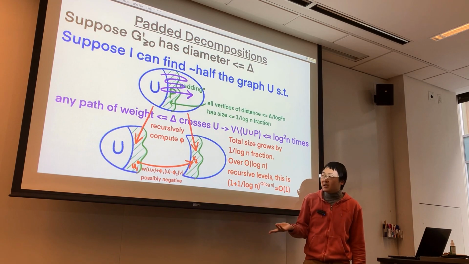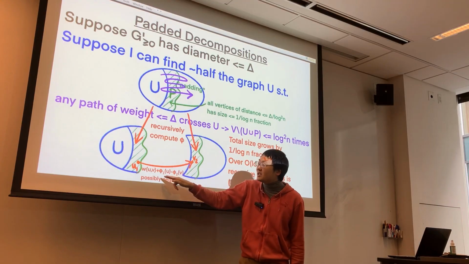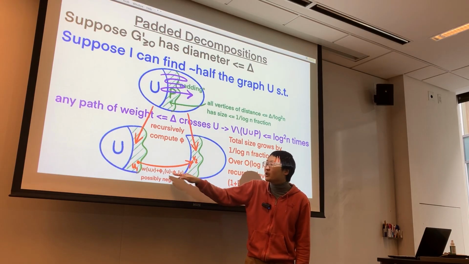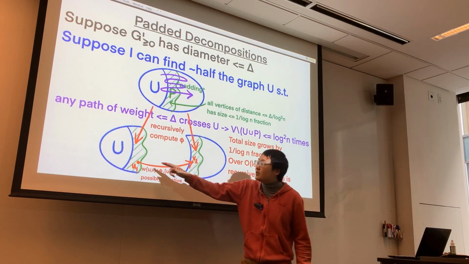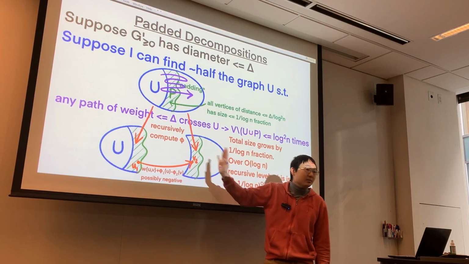Once again, these can possibly be negative, because what is this edge? It's weighted w plus phi1 of u minus phi2 of v. These again have no relation, so this can be negative. Note here that vertices are duplicated, so each vertex is actually duplicated on each side, but that's okay.